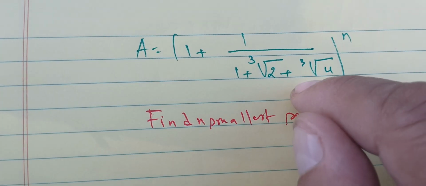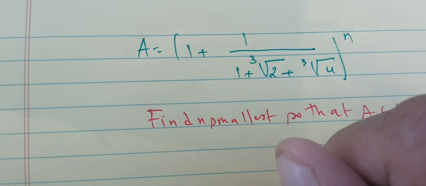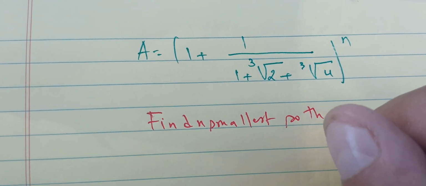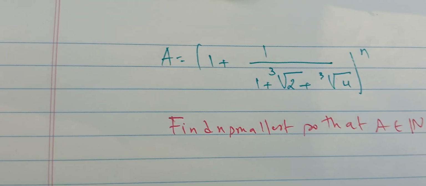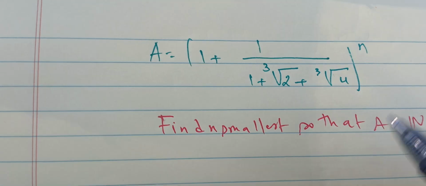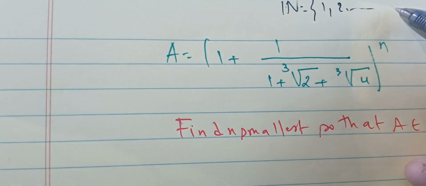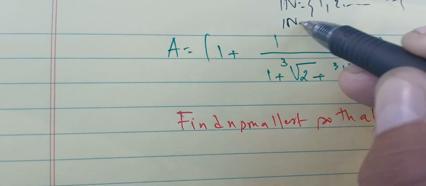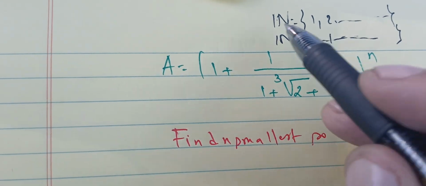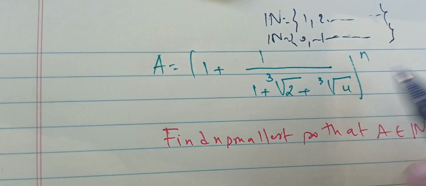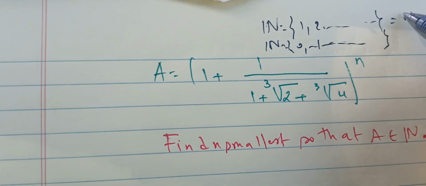Okay, n is smallest if we let n be 0. Then this will be 1, and it's in ℕ. But that's a very easy problem, and also some countries don't accept 0 as a natural number. In some places ℕ starts at 1, 2, etc., but in Europe, in France exactly, ℕ includes 0, 1, and so on.